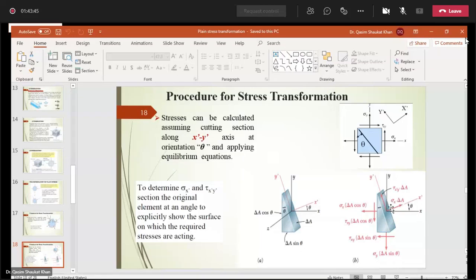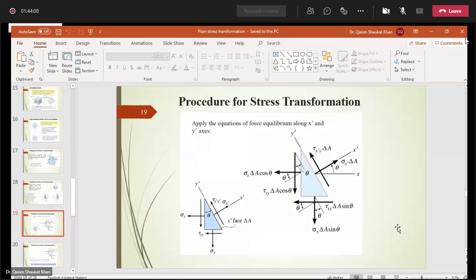These forces I have not mentioned. These are basically your resultant forces, transformed sigma x dash into delta A, tau x dash y dash into delta A. Transformed normal and shear forces along the transformed x dash and y dash axis. Now, in the first part, we have resolved these forces into their components.